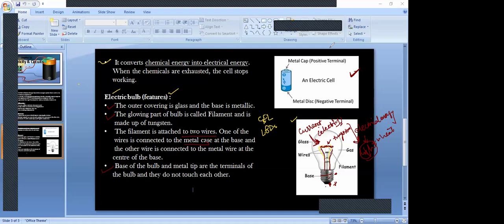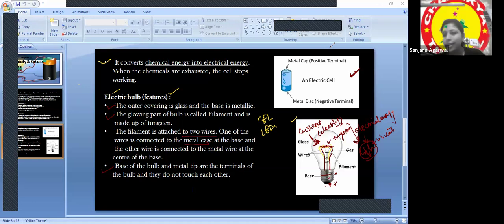Ma'am, can you erase the lines on the filament? I can't see the filament. Can you erase the lines on the diagram? Should I clear the annotation of the diagram? Yes, ma'am. Okay.